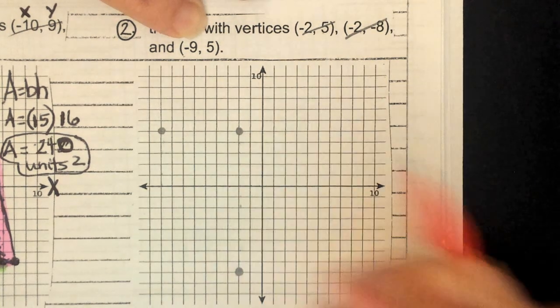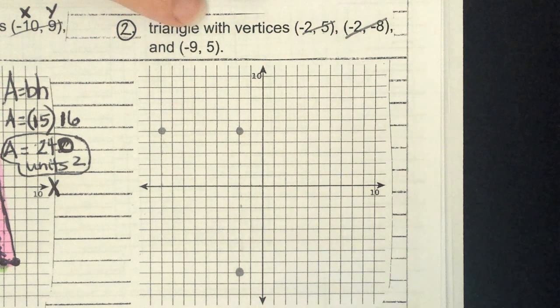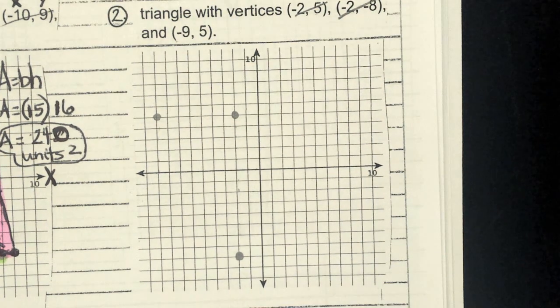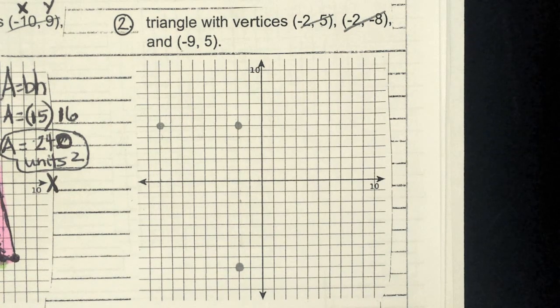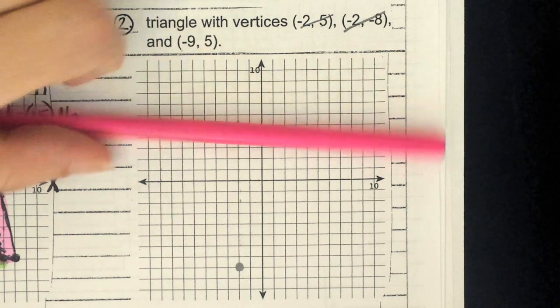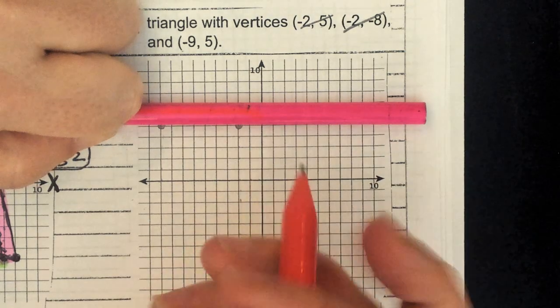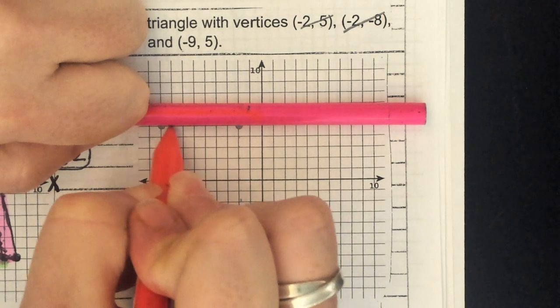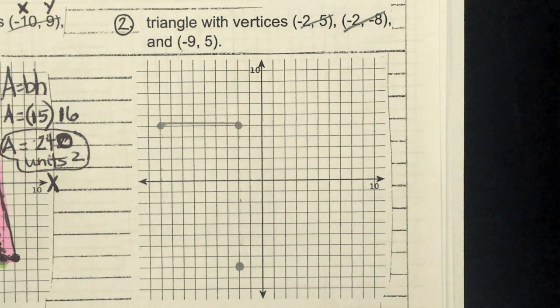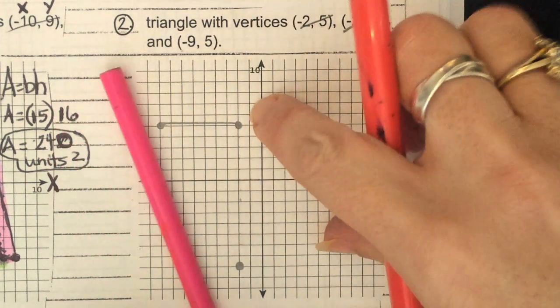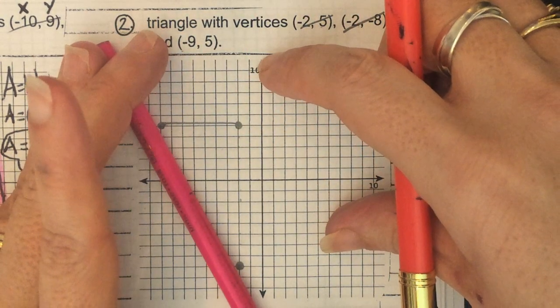Now, one thing we should learn about triangles in 6th grade, they have got to have a right angle. Meaning, when I put these dots together, I'm going to use this colored pencil to try to make a straight line. Okay. They're straight like that. Those two are in a straight line.